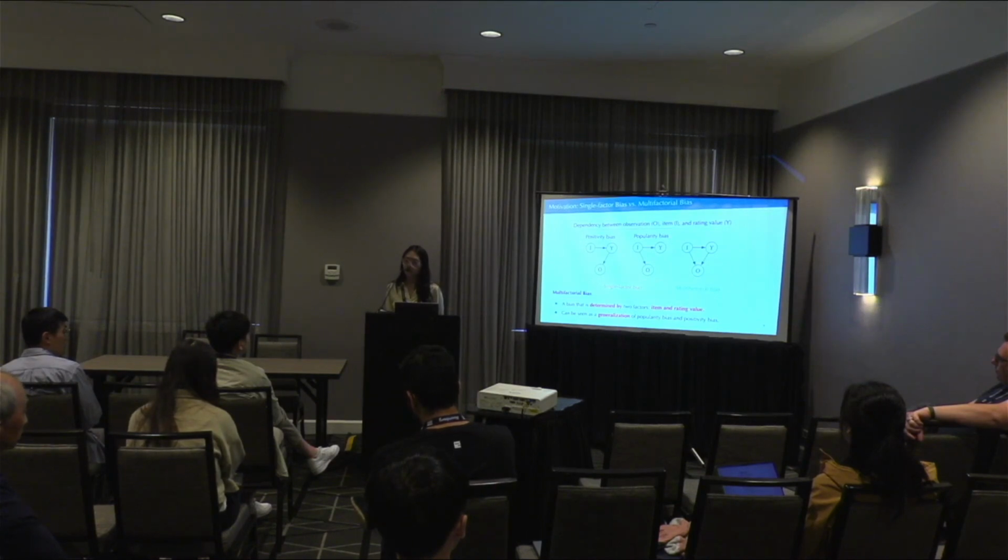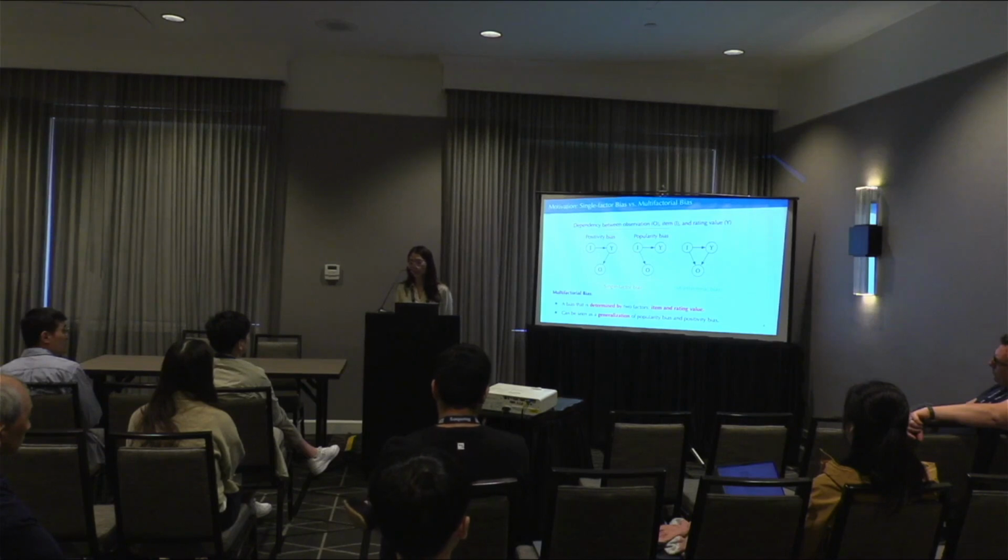However, in the real world, it may be more complex, where the observation could depend on both factors at the same time. That is the multifactorial bias we want to address in this paper. It can also be seen as a generalization of popularity bias and positivity bias.